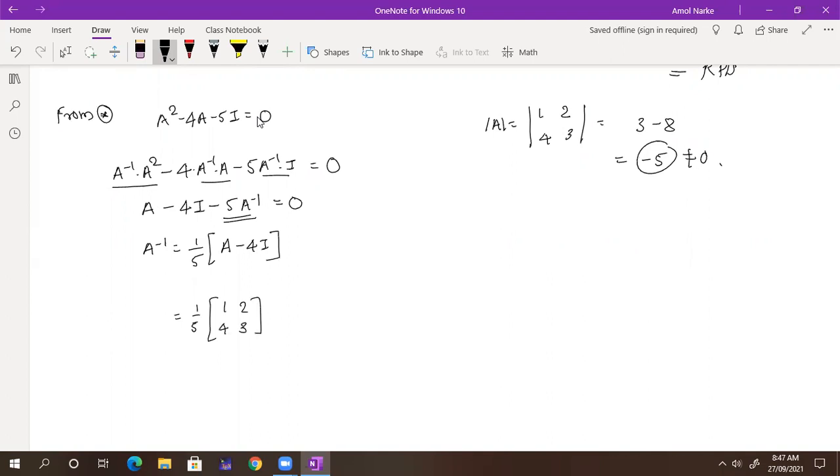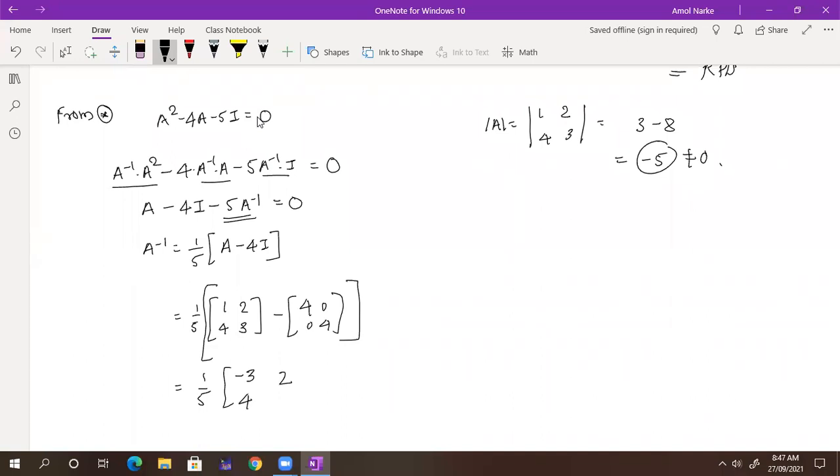So I just make a big bracket because it is multiplied to everything. And 4 into identity matrix is nothing but 4, 0, 0, 4. Once you calculate this 1/5, you are getting 1 minus 4, which is -3. 2 minus 0, you are getting 2. 4 minus 0, you are getting 4 itself.